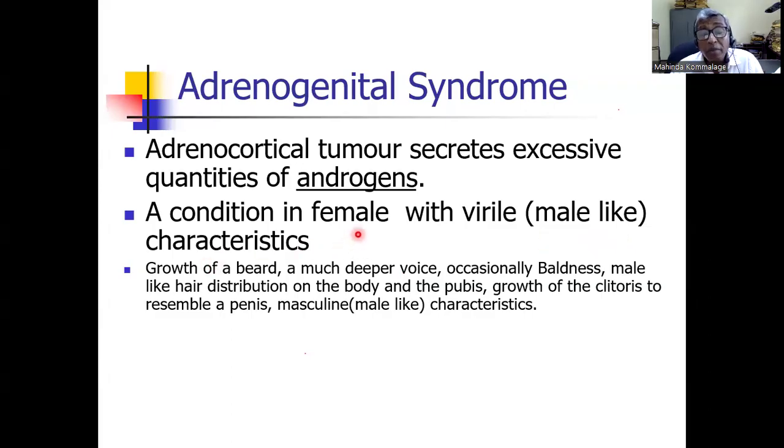In the female, if this happens, the female will develop male-like features. We call it adrenogenital syndrome. That will be a problem for the female, not for the male. The female will get male-like features: growth of beard, voice changes, baldness, male-like hair pattern, and so on. Considerable male-like features will develop in the female in adrenogenital syndrome.